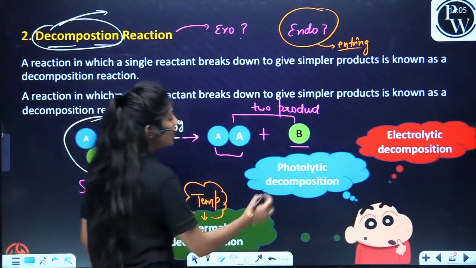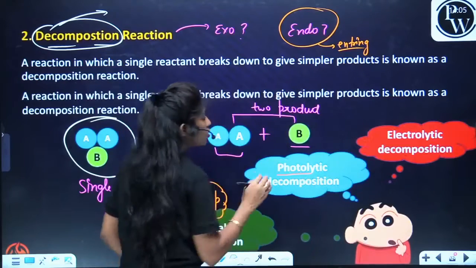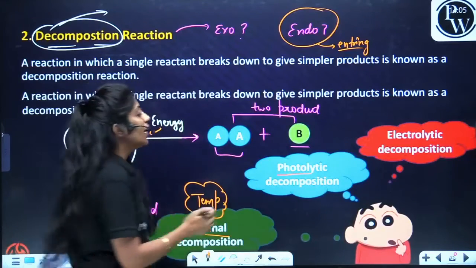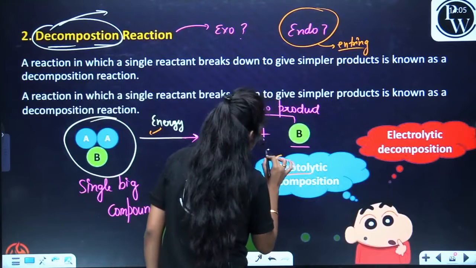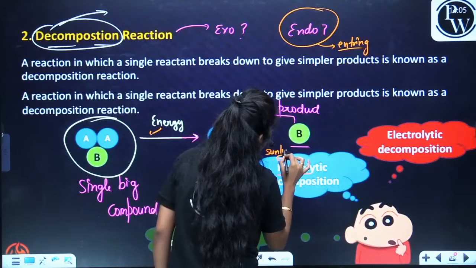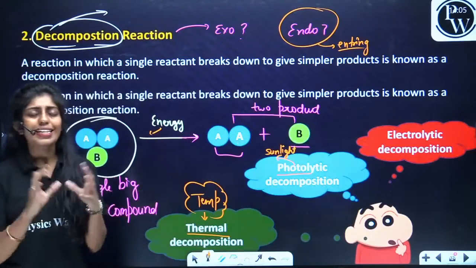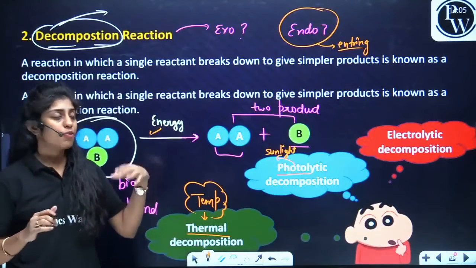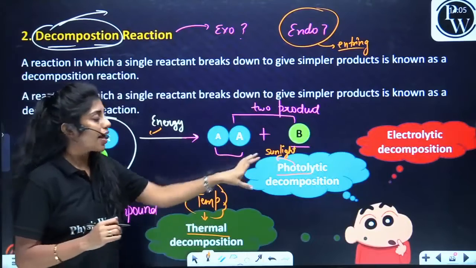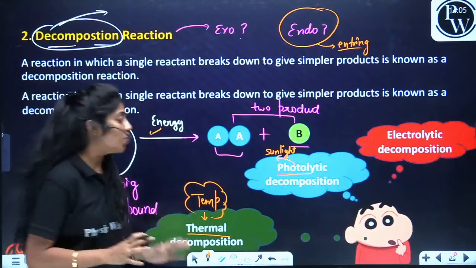Next is photolytic. Photo here doesn't mean a picture; photo means sunlight. Any substance that decomposes when exposed to sunlight is known as photolytic decomposition.